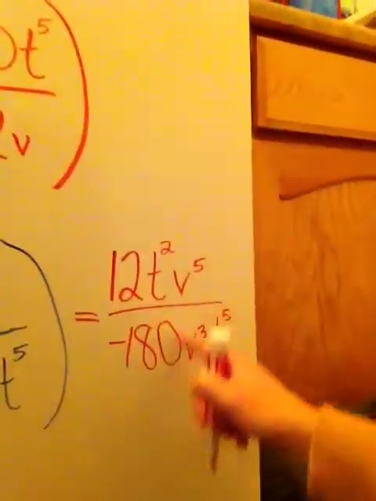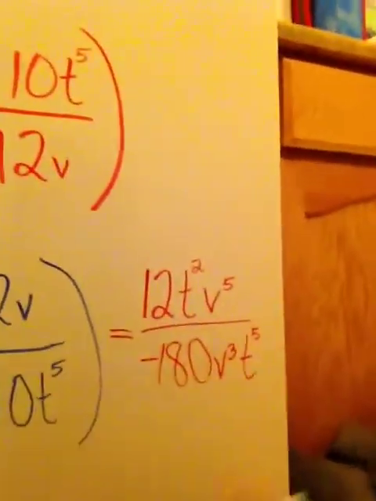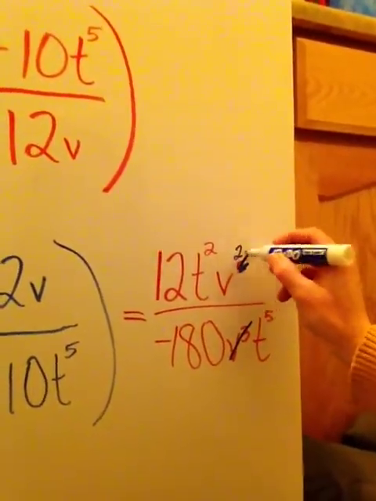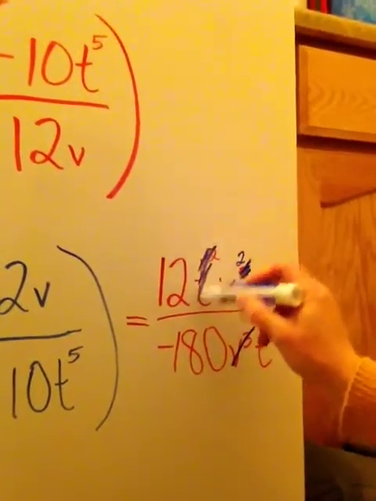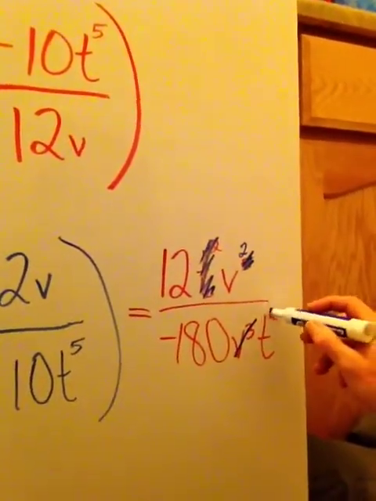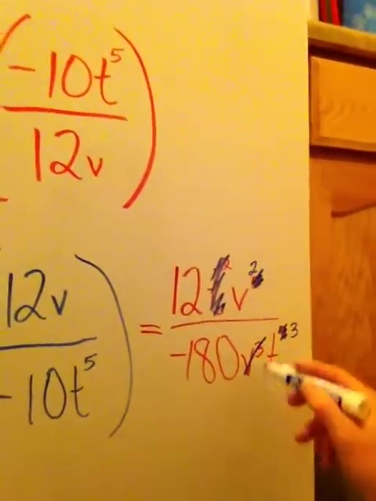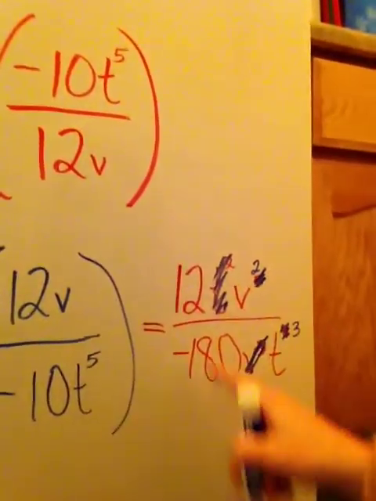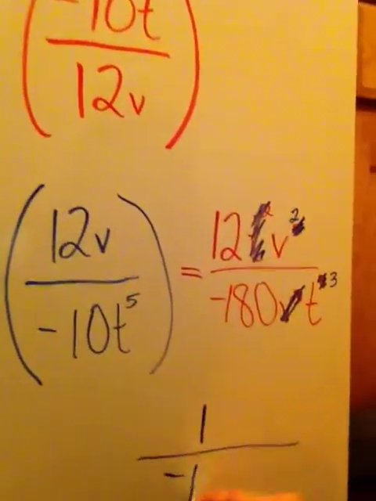You reduce the coefficients, and then I've got 3 v's downstairs that will cancel with 3 upstairs, leaving me with 2. And I have 2 upstairs of the t's that will cancel with 2 downstairs, leaving me with 3. So I'd be left with this reduced, we know, is 1 over negative 15, because we just did that.